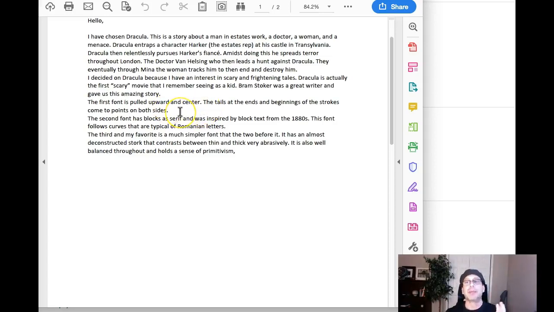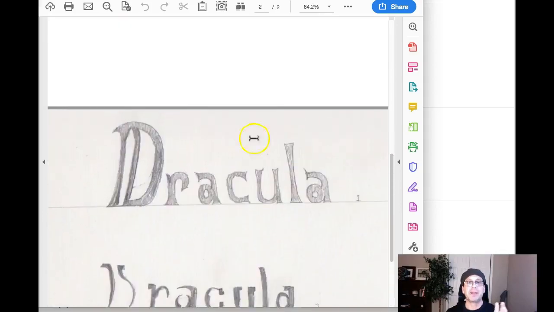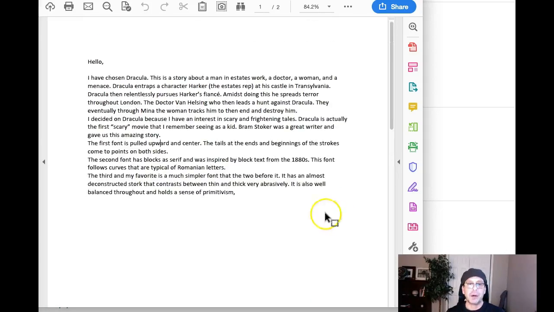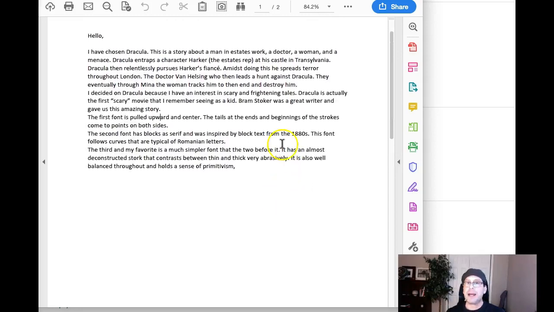I think we could do a better job describing the visual attributes of the typefaces and their relationship to those factors associated with the story. Okay, so that is my only thing that I'd like to see.